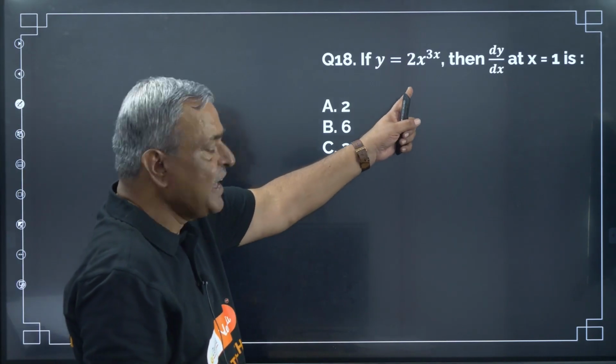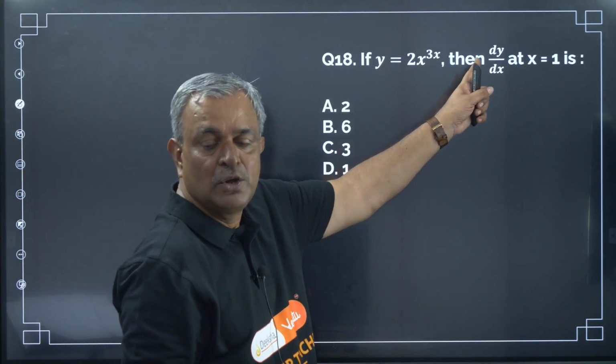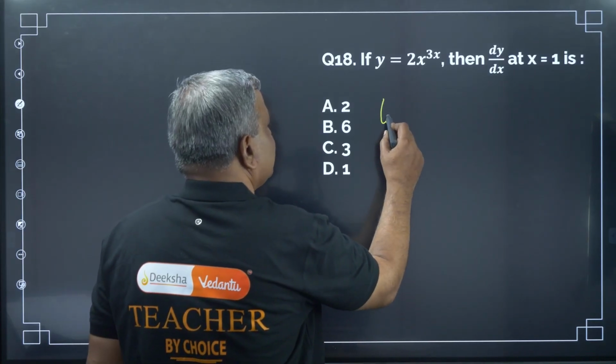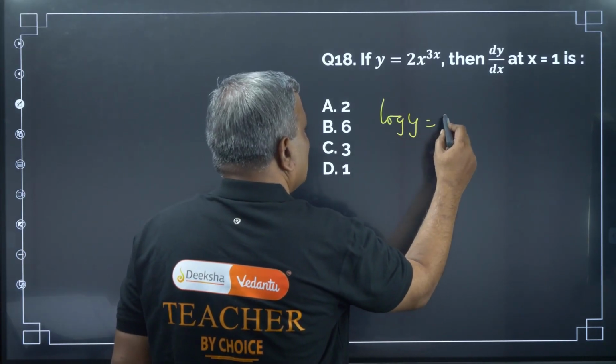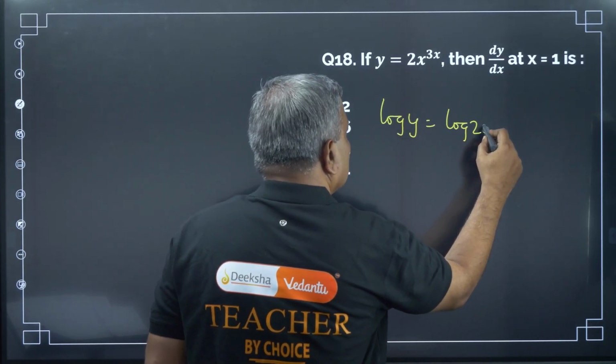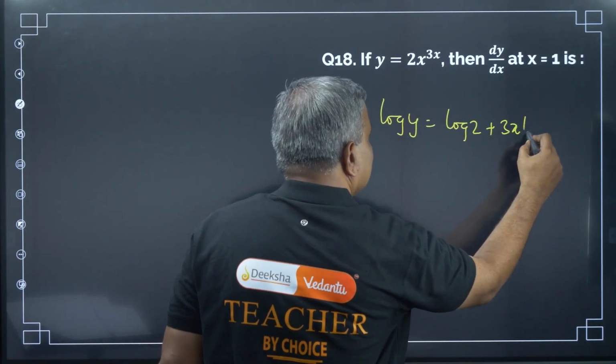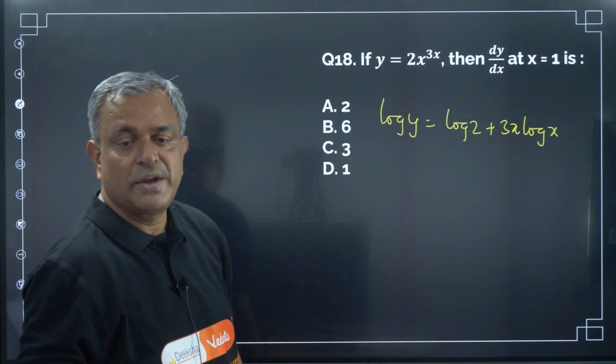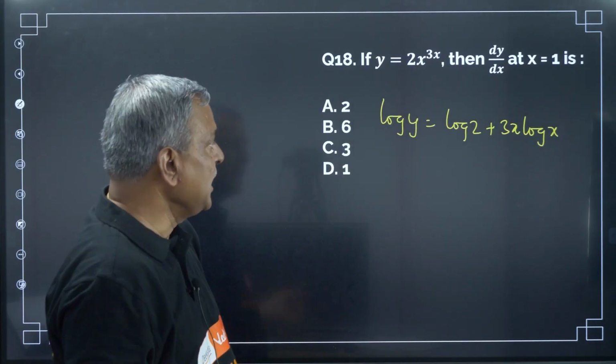Now, when you see variable upon variable, the only method is to take log. If we take log both sides, log y is equal to log 2 plus 3x log x. Please remember that log a to the power b is b log a.